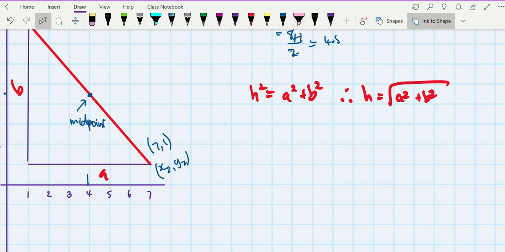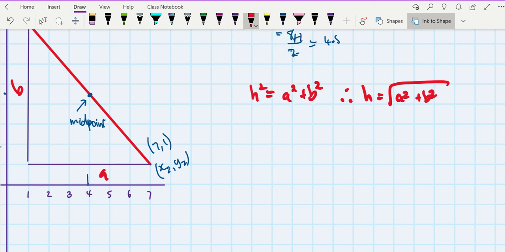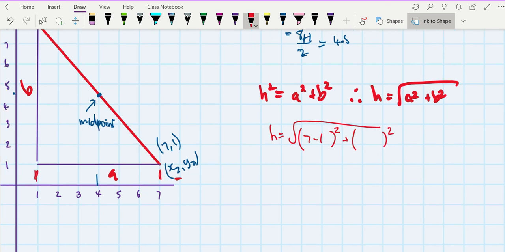So H equals, now what do we say? The rise and the run. So let's have a look here. We've got our x coordinates and our y coordinates. So 7 take 1, that's our run.